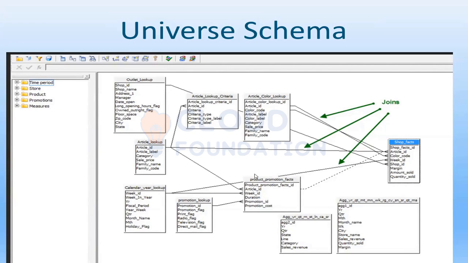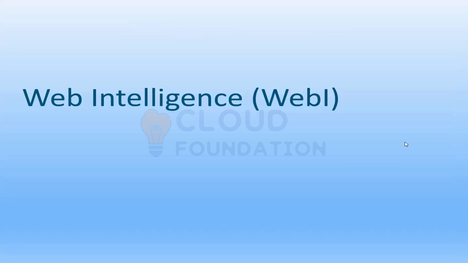Here we also have one important thing: tables are of two types, dimension tables and fact tables. Fact tables are the most important. They store the numerical information like sales, revenue, quantity, profit. Every numerical information is stored in a fact table.